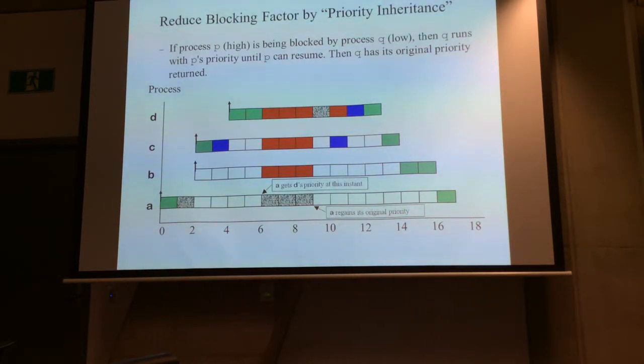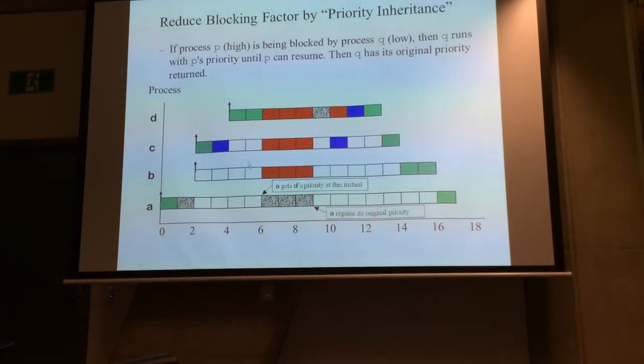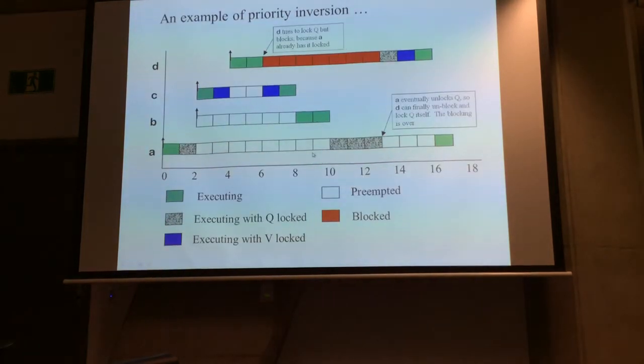So that priority elevation is temporary, of course, as you might expect, and occurs only during the time where it's actually doing the blocking. And that's a suitable technique to use, obviously, because what it means is A then is not preempted by C and B, as was the previous case. So they're not going to run.